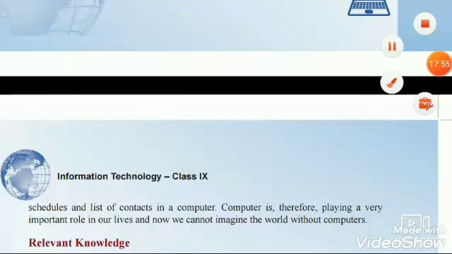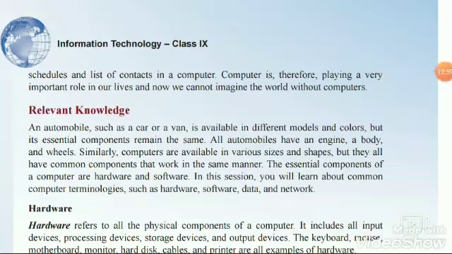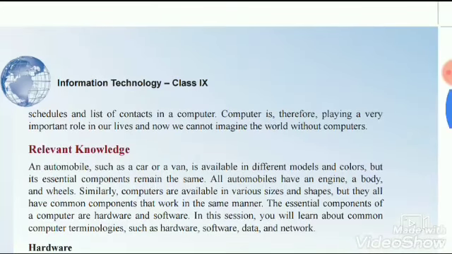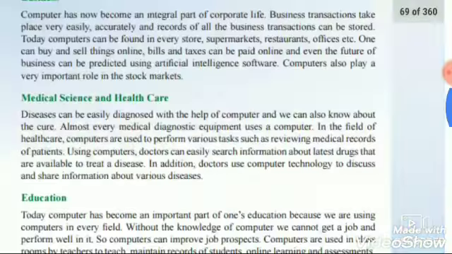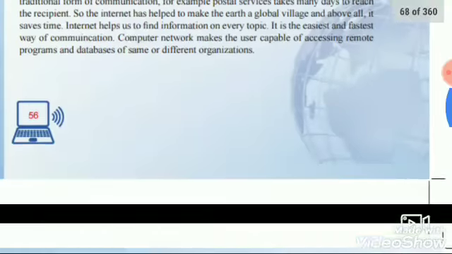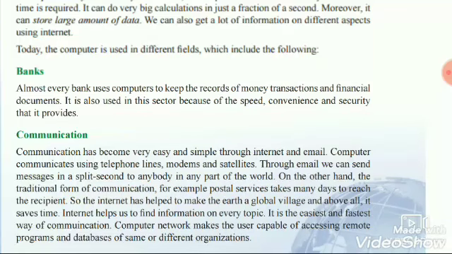So this is the use of computers in our life and different fields. Thank you.